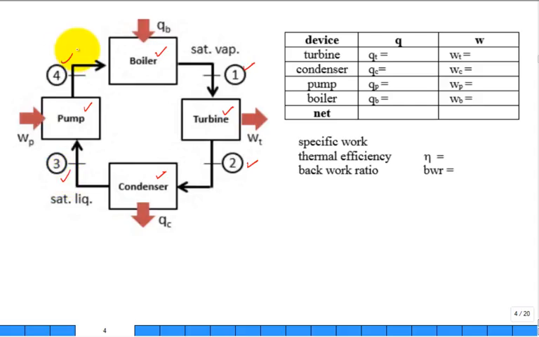Let's talk a little bit about what would naturally come out of the condenser. For the ideal Rankine cycle, ideal means everything's reversible. No irreversibility, no entropy generation, no friction, okay?